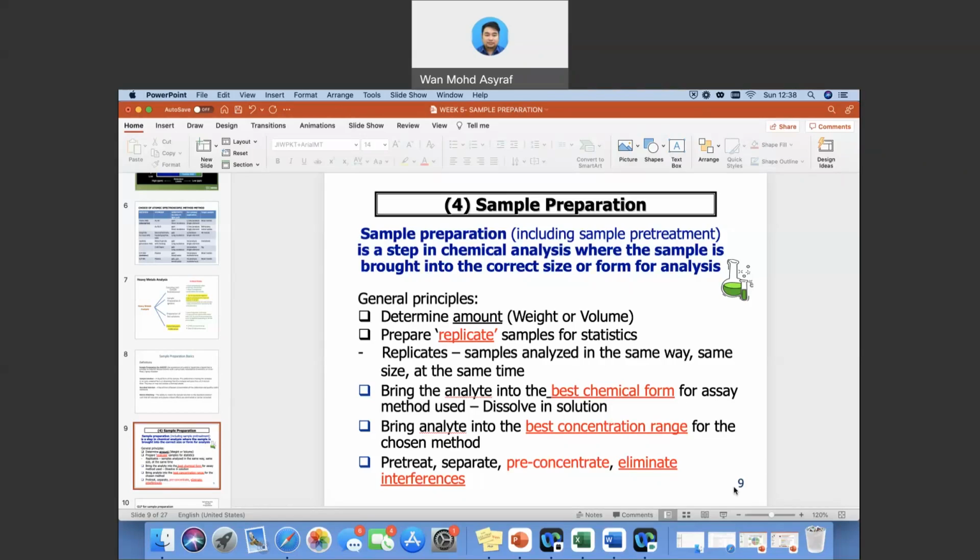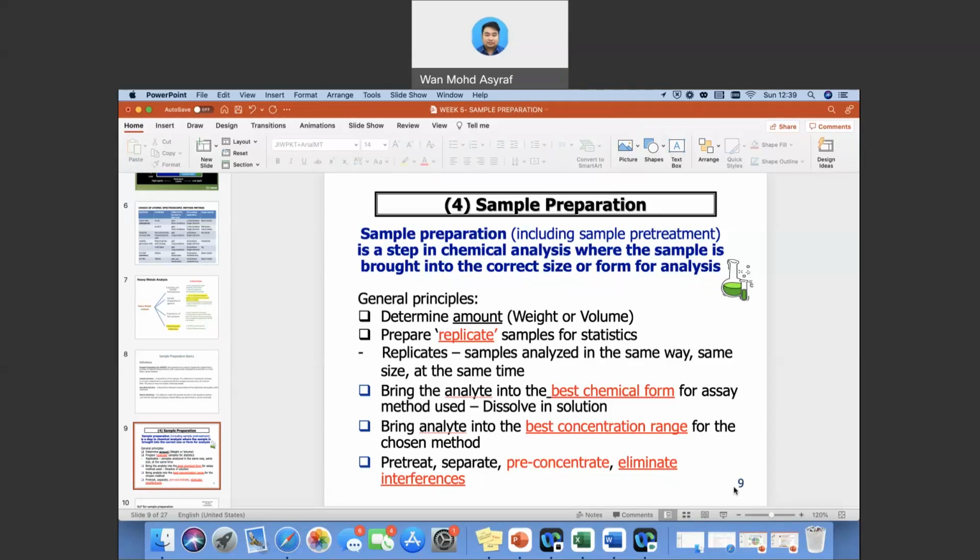So in terms of the best concentration range, you need to be able to think about this. If the arsenic level is quite trace, quite low, always pre-concentrate it.